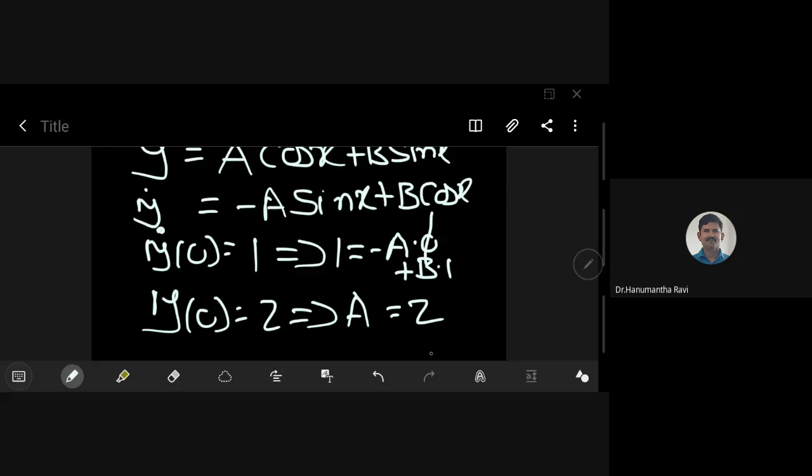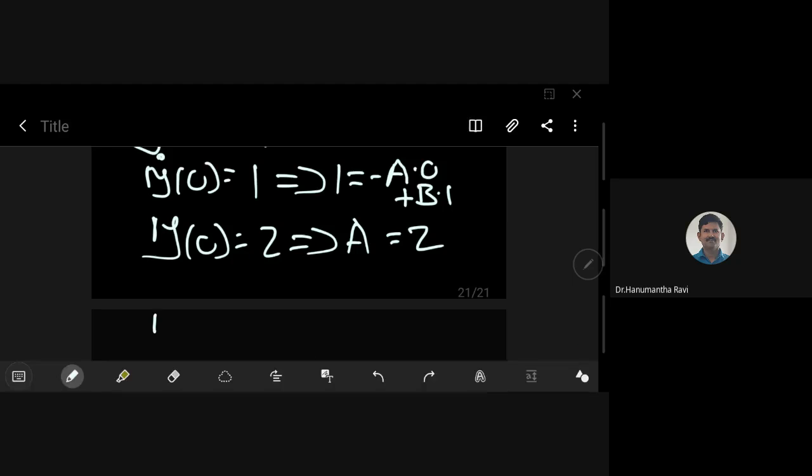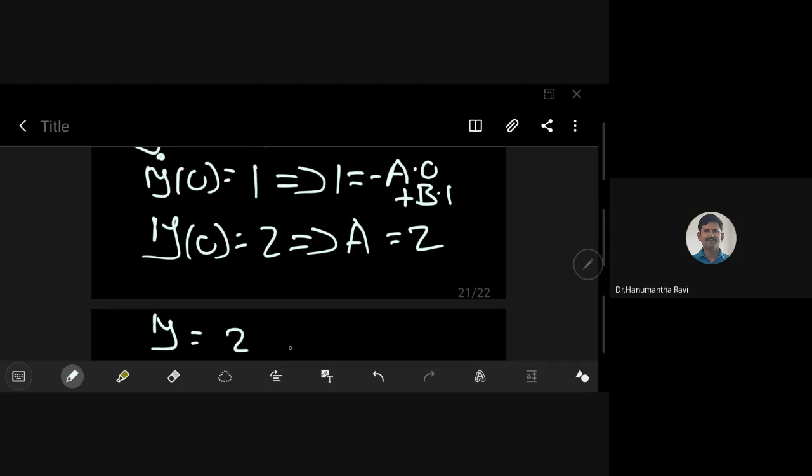A is 2, b is 1. So y is 2 cos x plus sin x. That will be the answer.